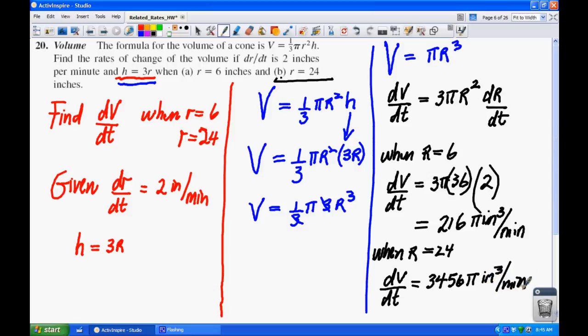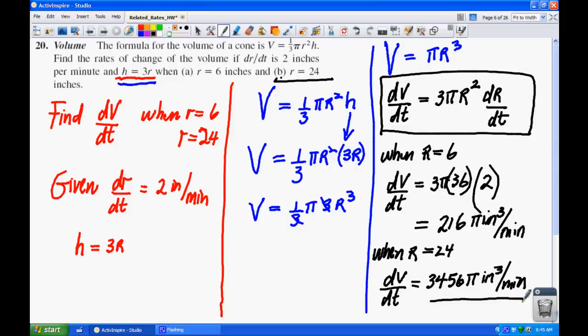Okay, so that's all arithmetic there. You can definitely work it yourself. Once you get this related rate equation right here, it's all a matter of just plug and play. All right, and so that's the answer for that one.